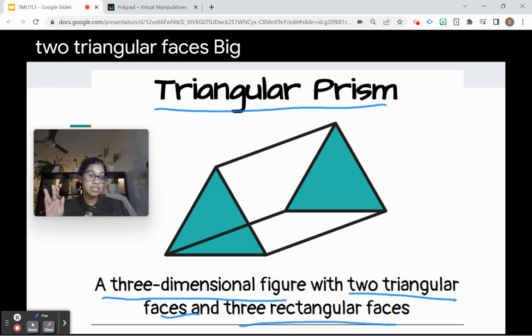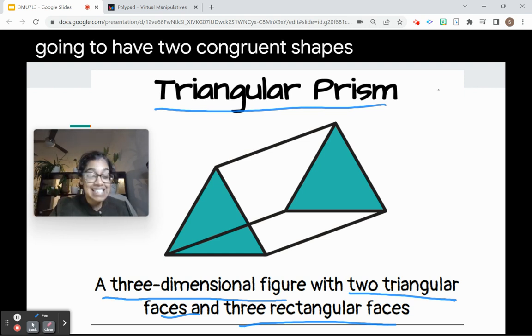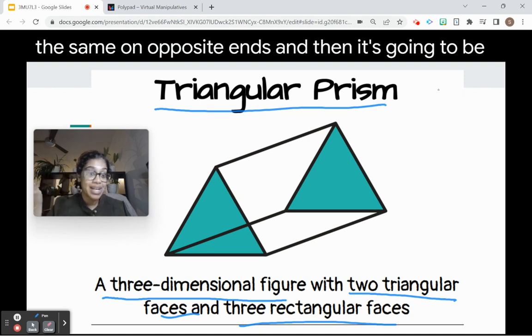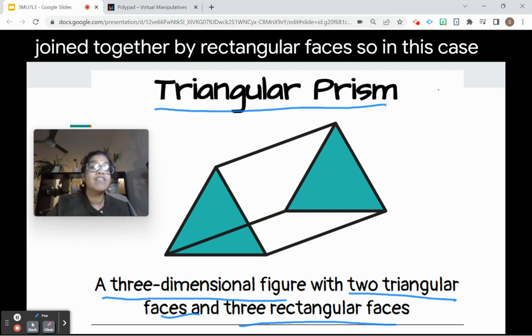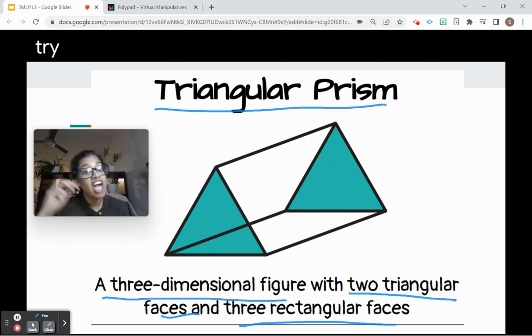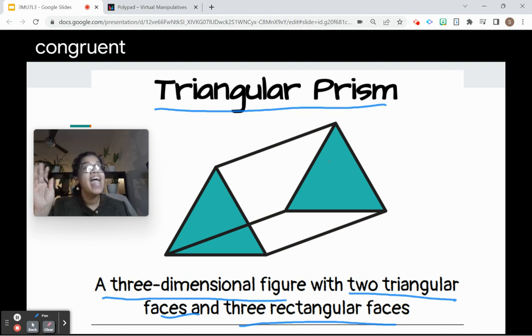The big thing about a prism is that it has two congruent shapes on opposite ends, joined together by rectangular faces. In this case, one base is a triangle, and the other is an identical, congruent triangle, joined together by rectangles.